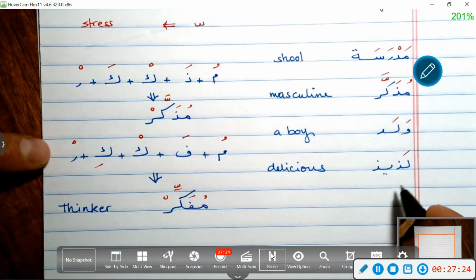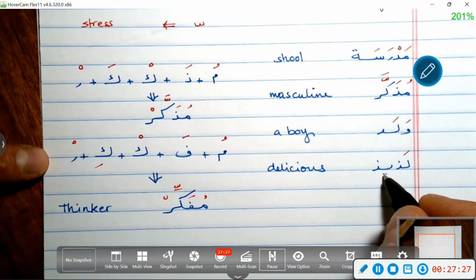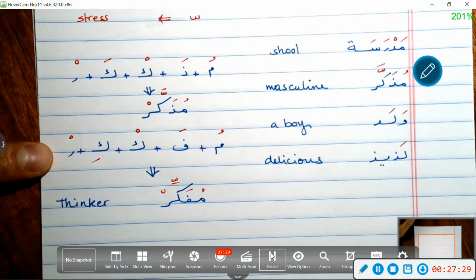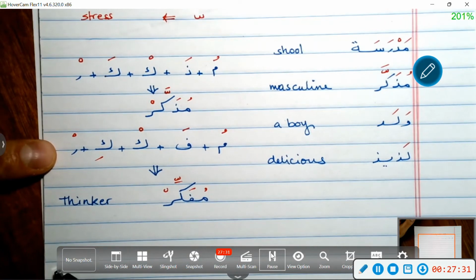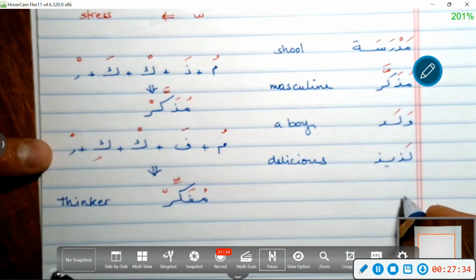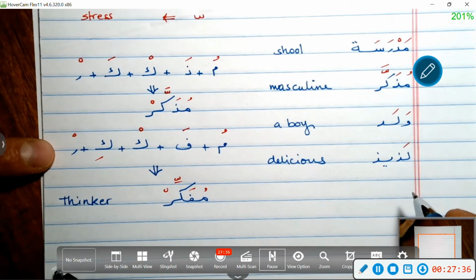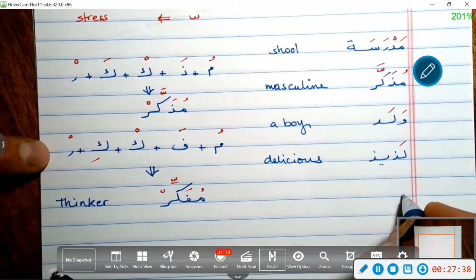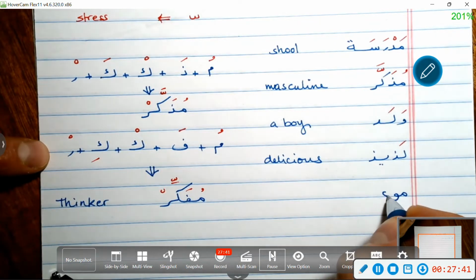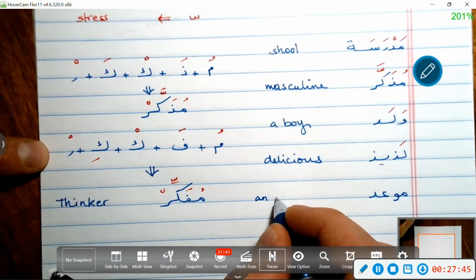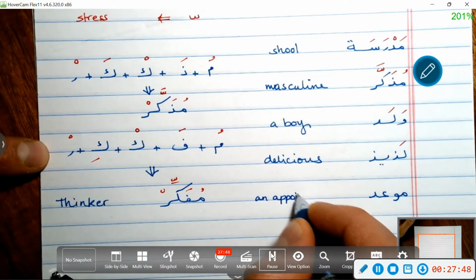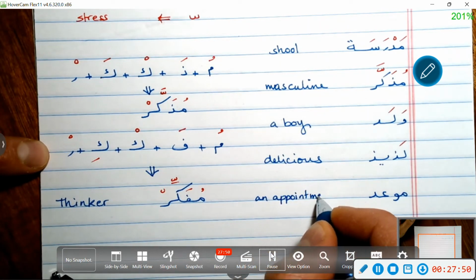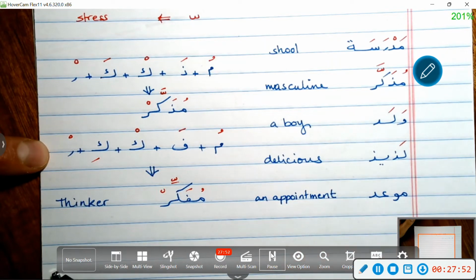But some other words, let me give you a word that has mad tawil after it, but we still use the haraka, like the word maw'id. Maw'id, it means an appointment. Now here, we can't read that as mu'id. No, mu'id is wrong.